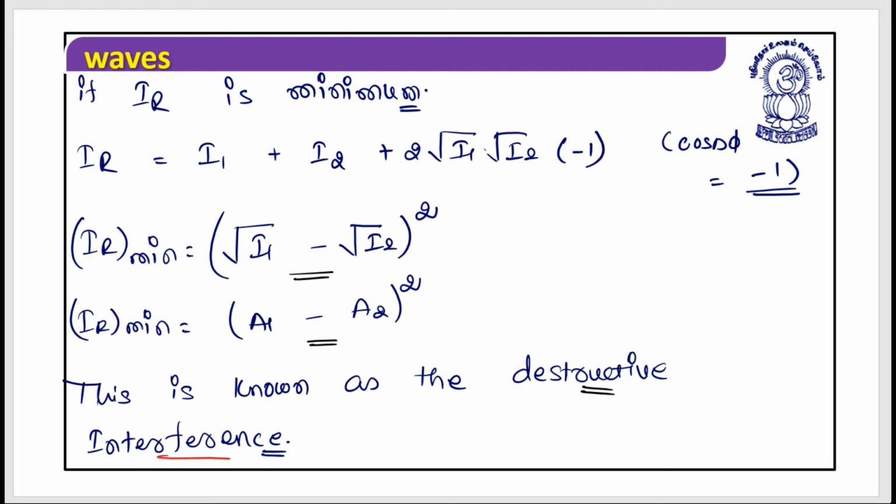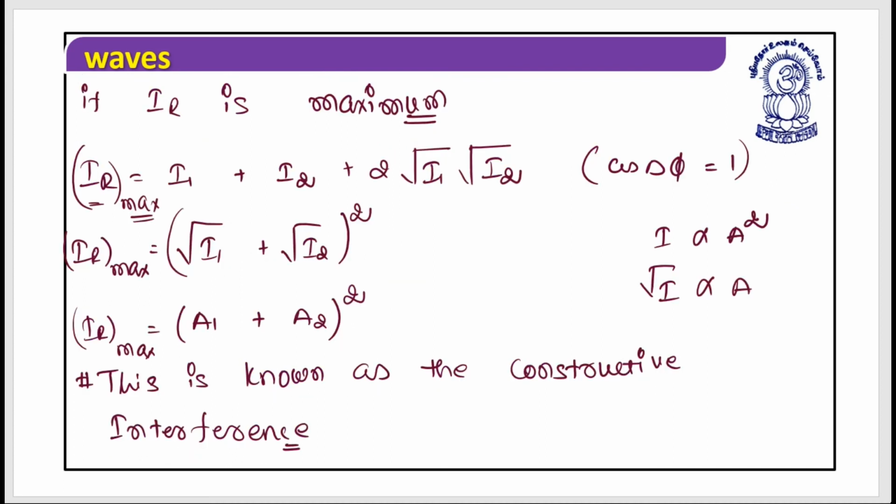So give me a moment, I will give you the formulas of the constructive interference as well. This was destructive and this was constructive. Please note down this for the constructive interference. Have you noted it down? Great. So are you ready for the questions?